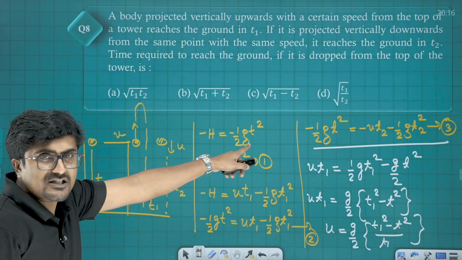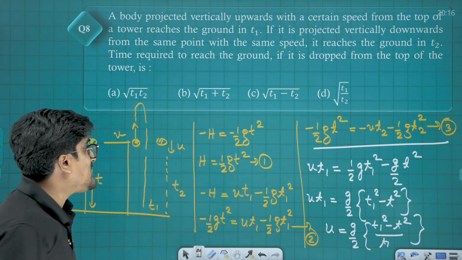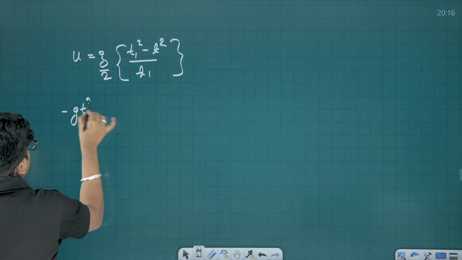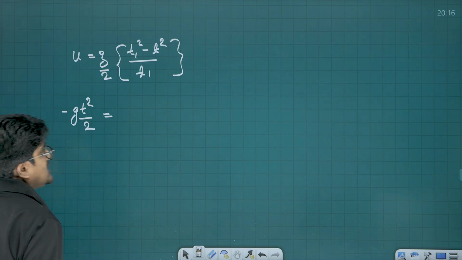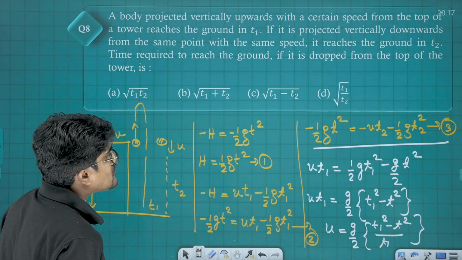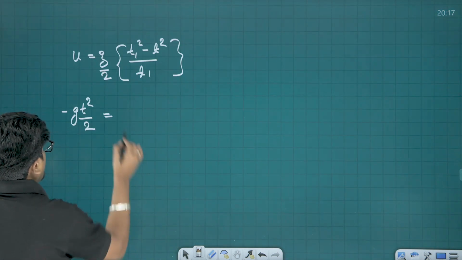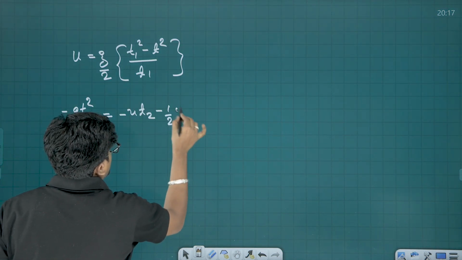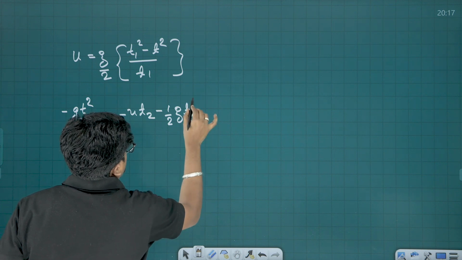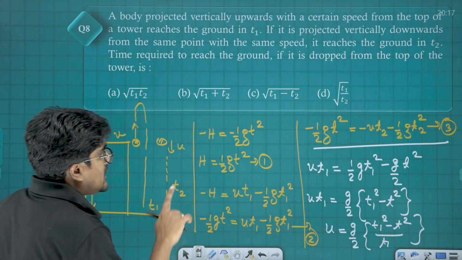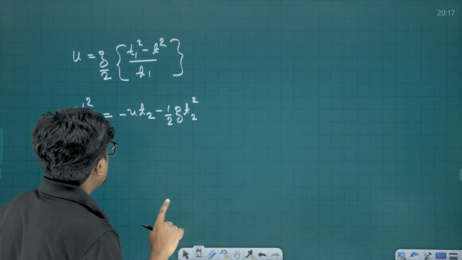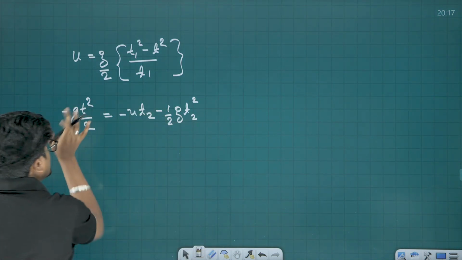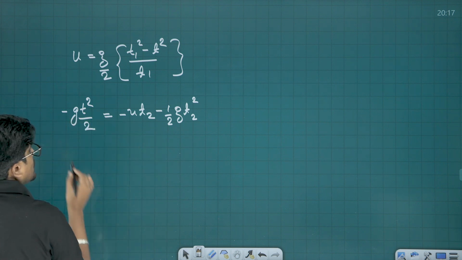And I have got another expression, that is equation number 3. It says minus of g t square by 2 is equal to minus of u t1 minus of u into t2 minus of half of g into t2 square. Now let me take this towards the left.